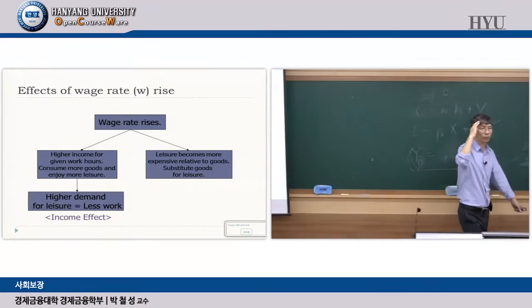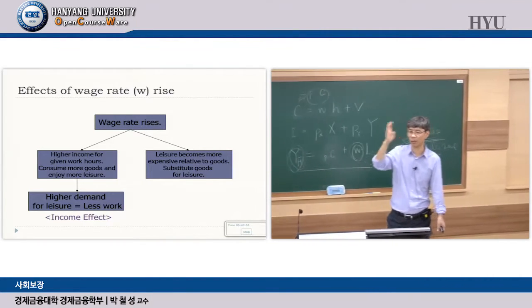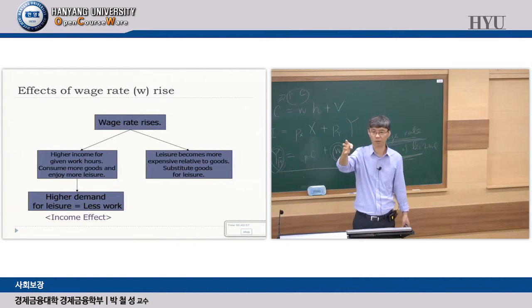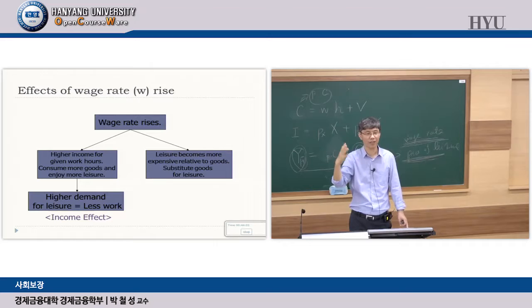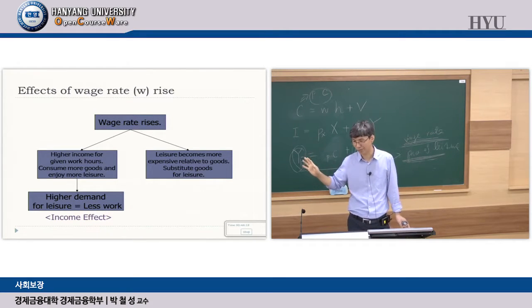Okay, I used to get $10 per hour. So I used to work for 8 hours. Now it becomes $12. I figure out, okay, I used to have, let's say, 10 hours of leisure. So I lost, in a sense, $100.